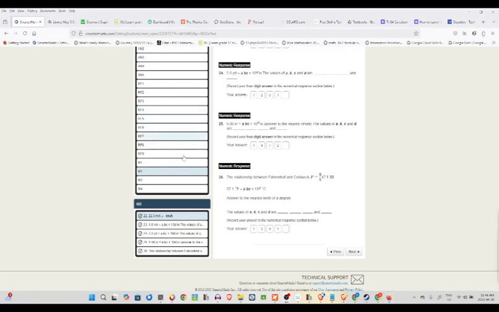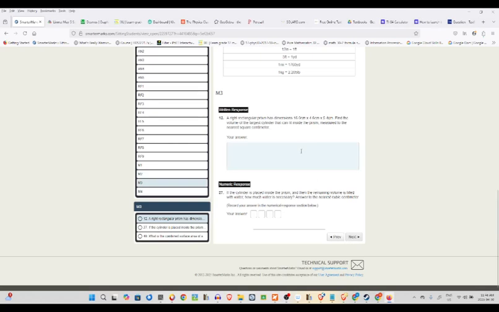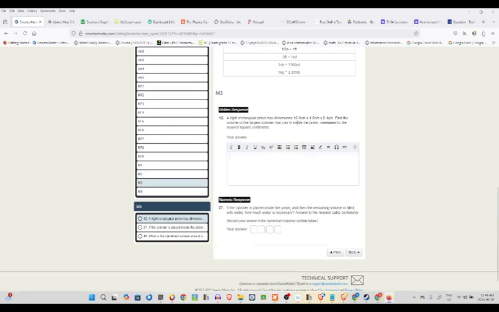All right, next up, measurement 3. A right rectangular prism has dimensions of 16 centimeters by 4.6 centimeters by 5.4 centimeters. Find the volume of the largest cylinder that can fit inside the prism, measured to the nearest square centimeter.